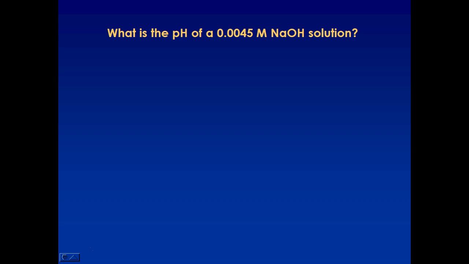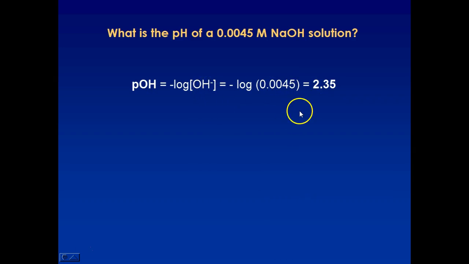So here I'm asking you, what is the pH of a 0.0045 molar NaOH solution? Well, NaOH splits into Na plus and OH minus. And so if this is the concentration of NaOH, this is also the concentration of hydroxide ions. And so if we know the concentration of hydroxide ions being 0.0045, and we take the negative log of that value, we get the pOH, since we were finding it for the hydroxide concentration.